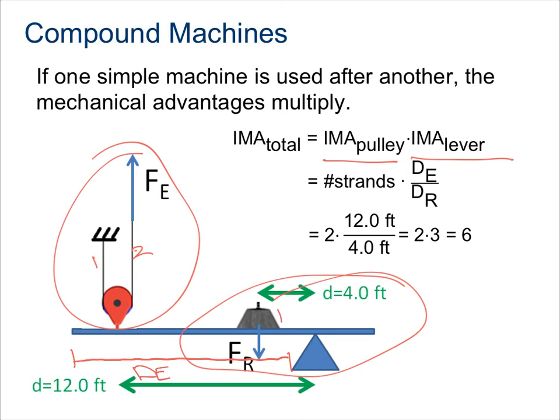The distance of my resistance, dr, is 4 feet. So if I multiply those two ideal mechanical advantages together, 2 times 12 over 4, I get 6 as my ideal mechanical advantage of this compound machine.